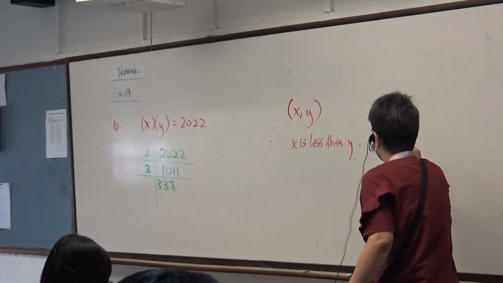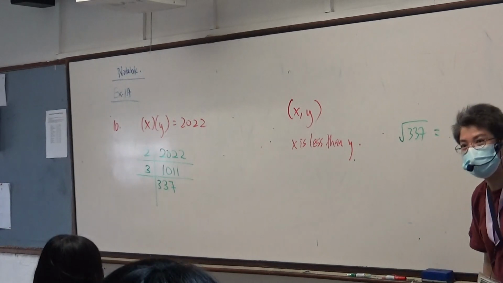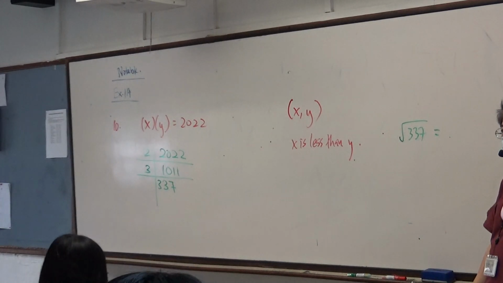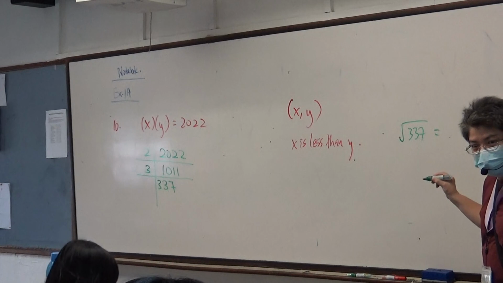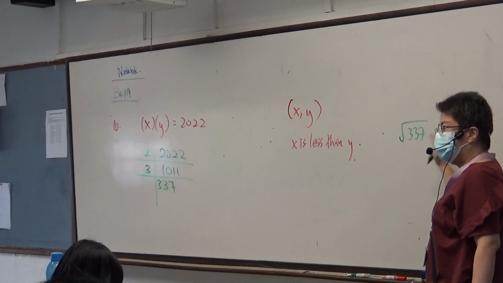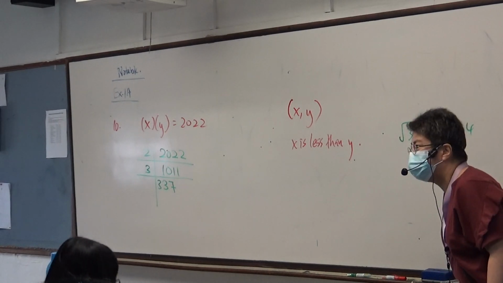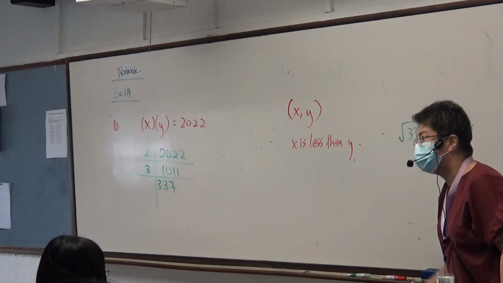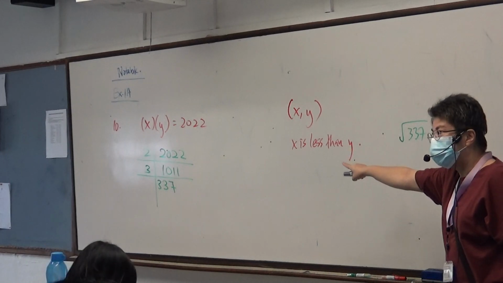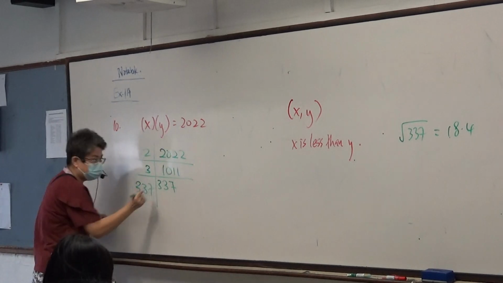Okay, now, remember just now I taught you this one? What's the square root of 337? 18.4. Okay, so I just need to try any prime number that's less than 18.4. So until 17 can, right? So you divide by 17, cannot. So you know it must be what already? 337, right?